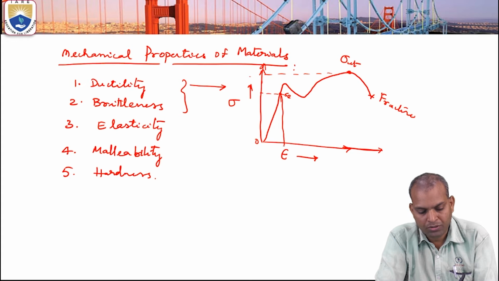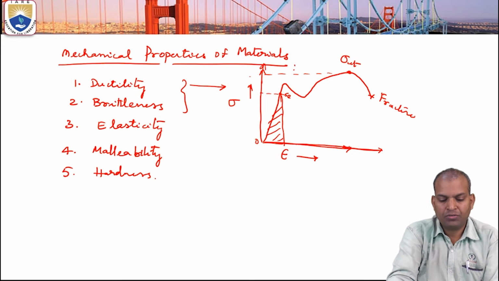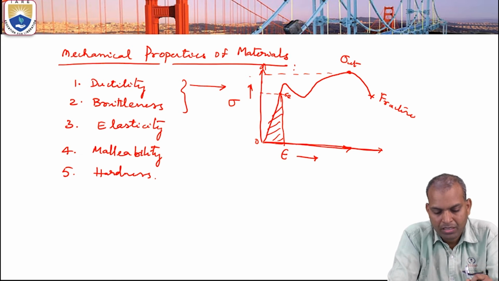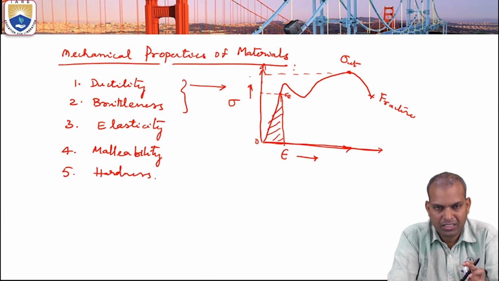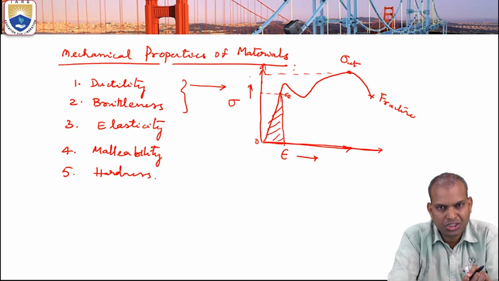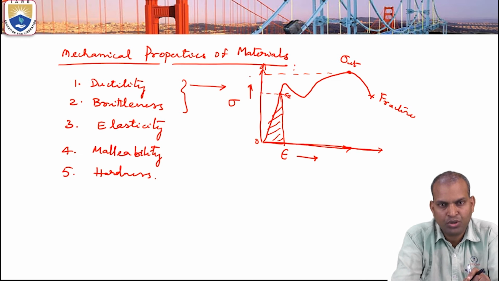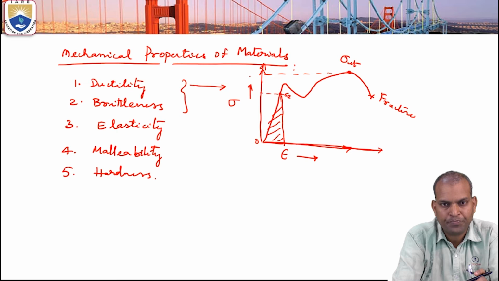Within this zone, that zone is known as the elastic zone. Within the elastic limit, that limit is known as the limiting stress of elastic. Beyond that, it becomes the plastic zone.